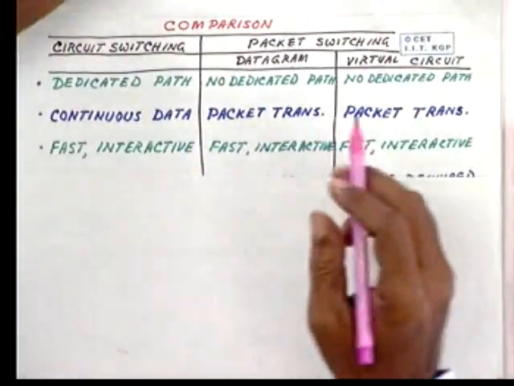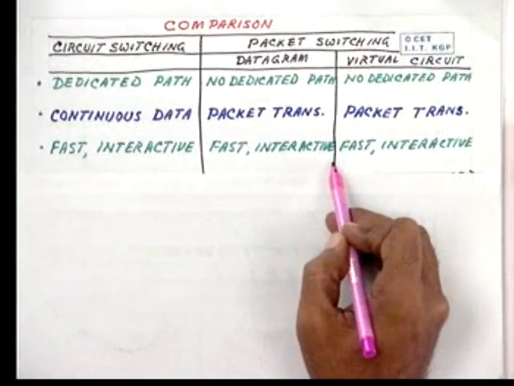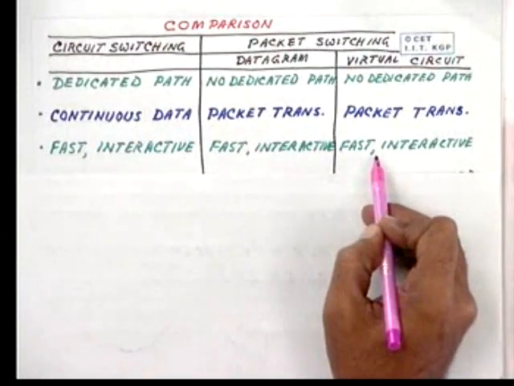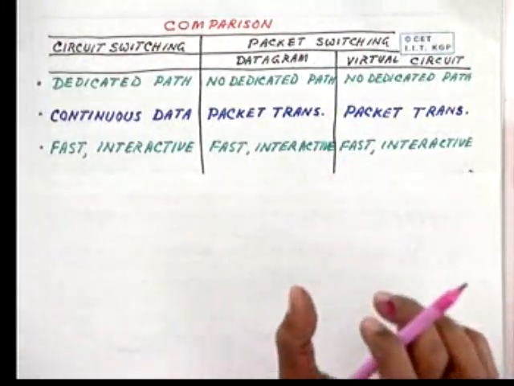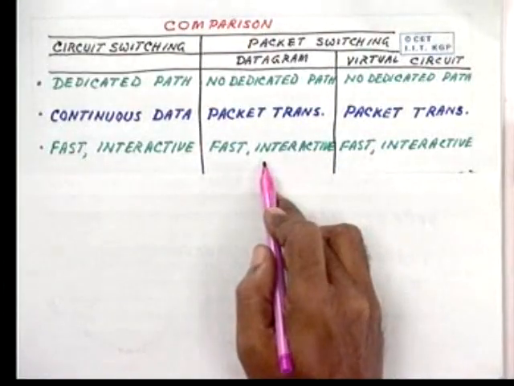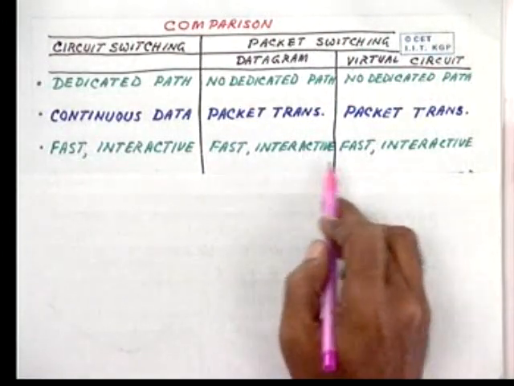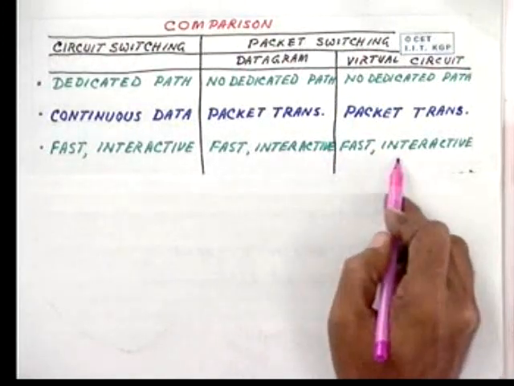On the other hand, in message switching, the message can be arbitrarily long. The delay is unpredictable and it is not suitable for interactive traffic. In packet switching, we are able to overcome that problem by reducing the size of the message, and both datagram type and virtual circuit type are fast and can be used for interactive traffic.